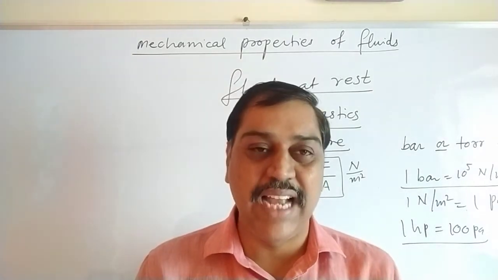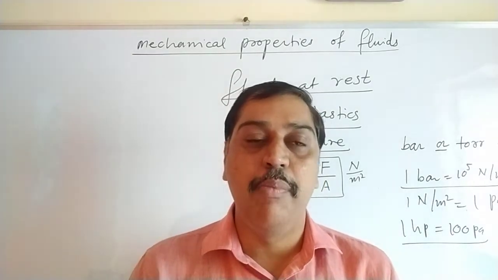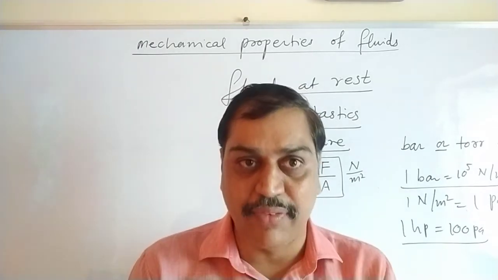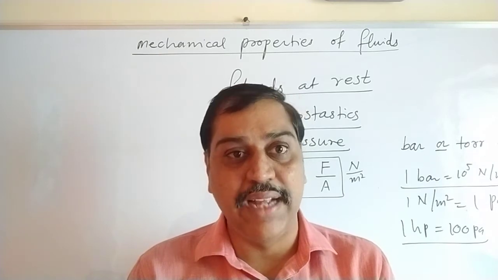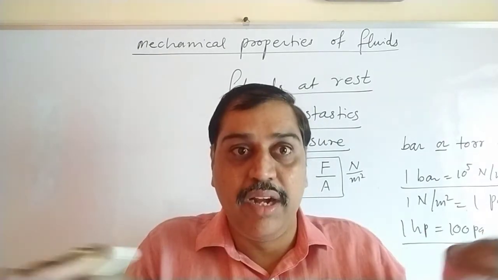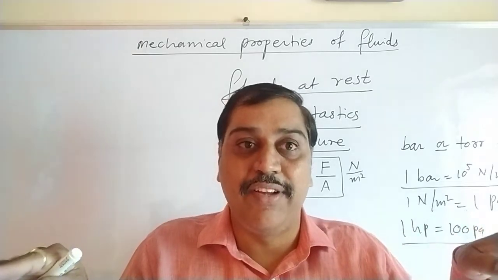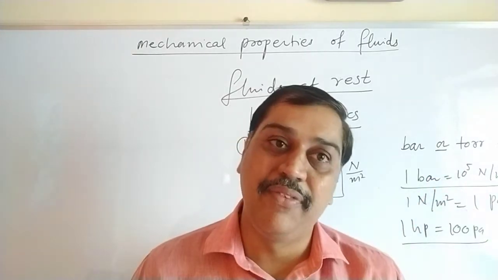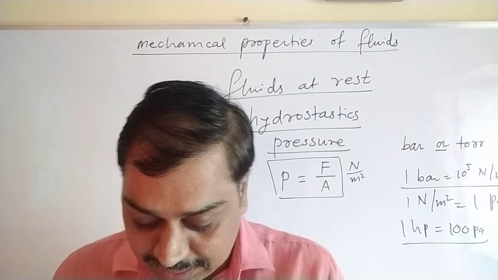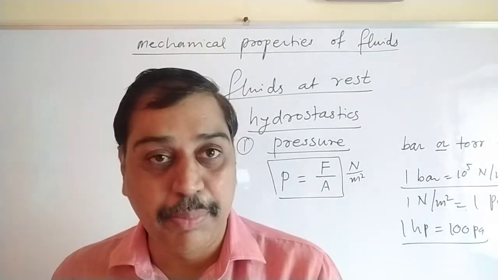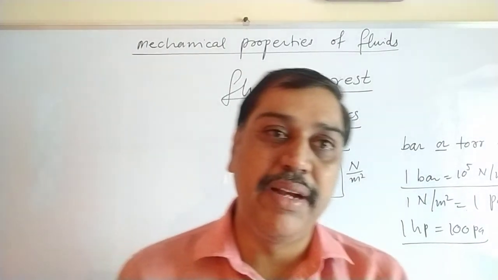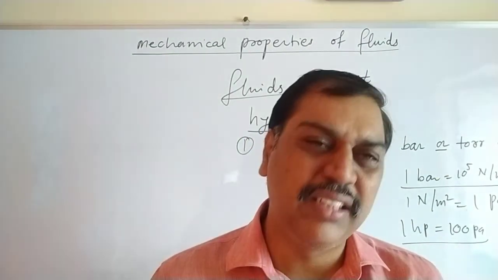At the same time, if that student lies horizontally on the earth's surface, find out the pressure, what the difference is, and compare what would be the change in pressure when the student lies down. Take the approximate value of acceleration due to gravity as 10 meter per second square. So try to find it out.